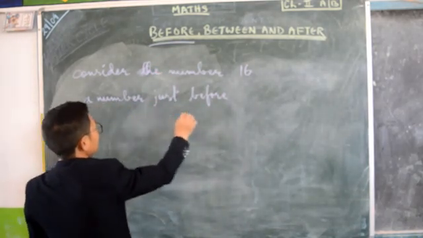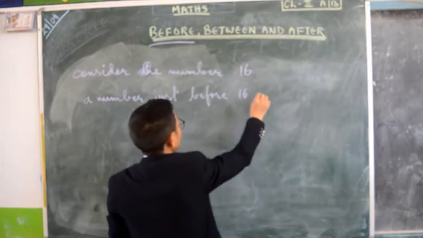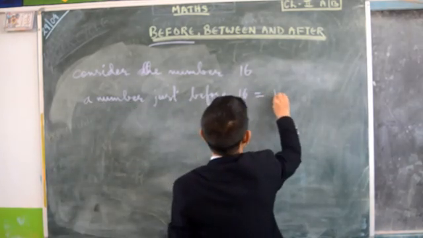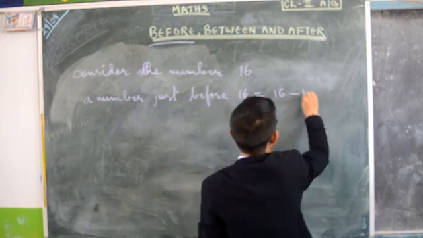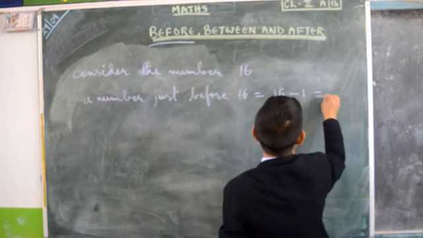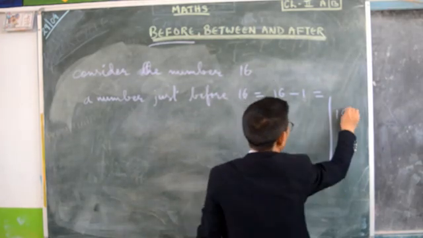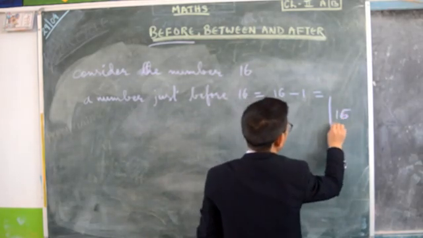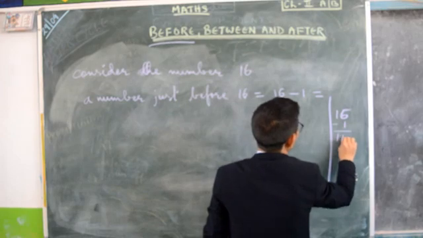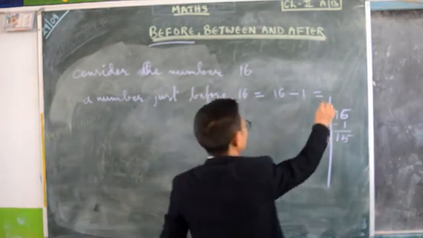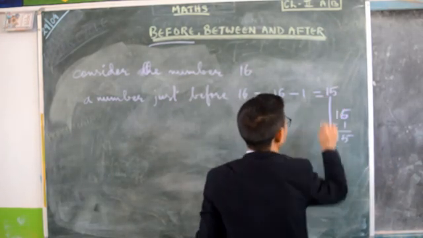So a number just before 16 is 16 minus 1. How much will it be? 16 minus 1 will be 15, right? So here we write 15.